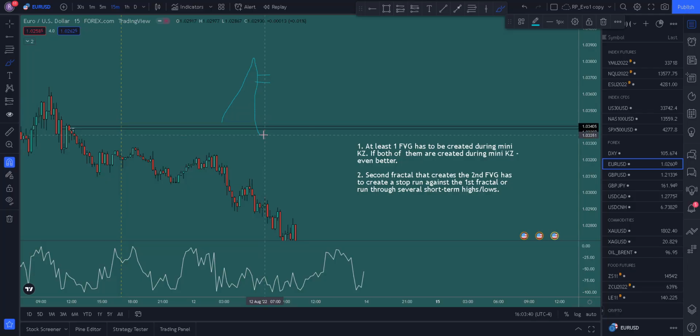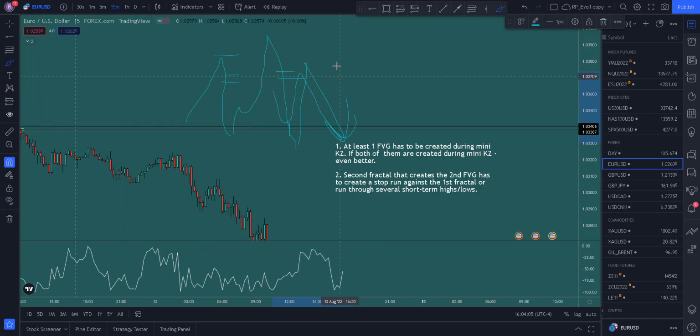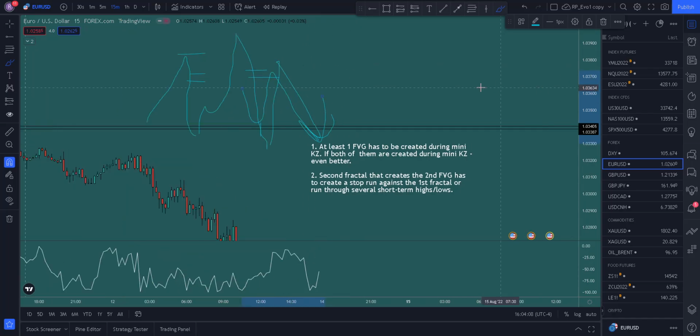Now the second high probability trade is if the second fractal breaks this high, and then it can either break this low and then price reverses, and let's say there's an imbalance and reacts off of it to the downside, or it doesn't have to break this low, it can just come back also and then drop too. So that's the logic. And if you really look at it, it looks like your head and shoulders pattern.